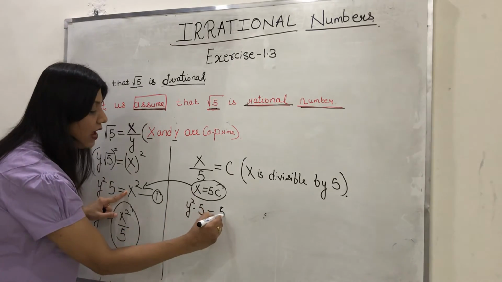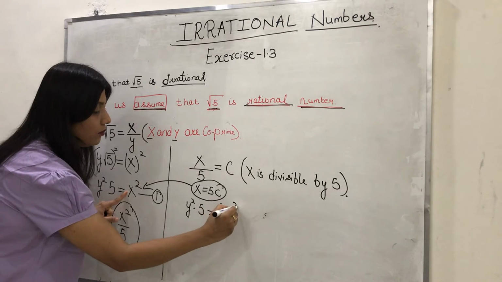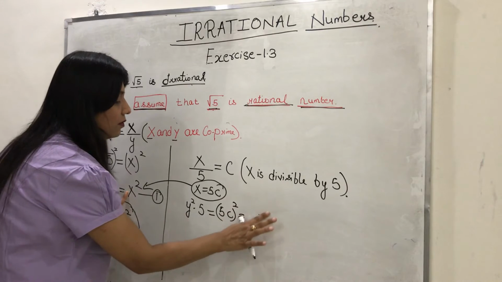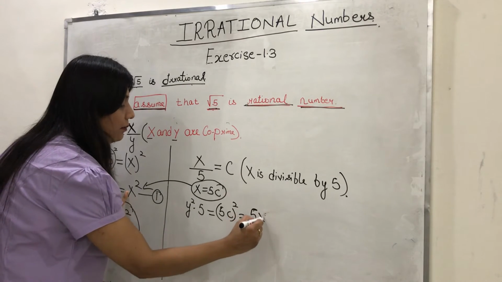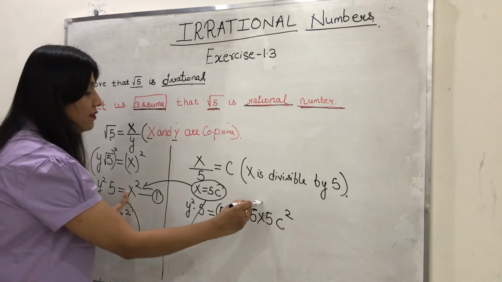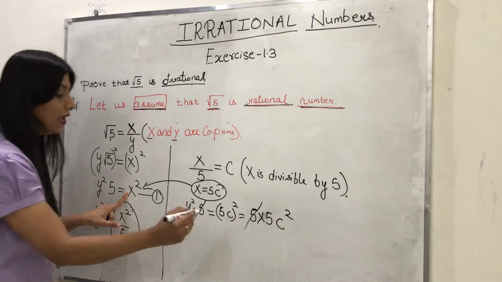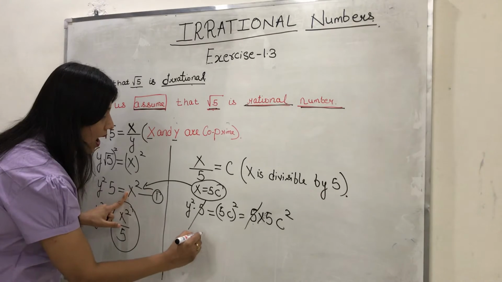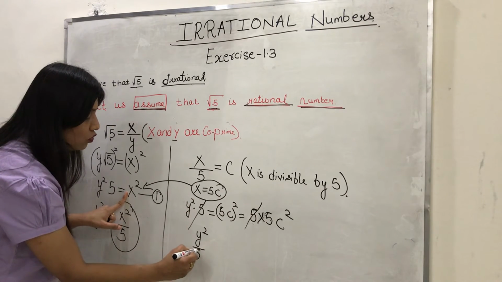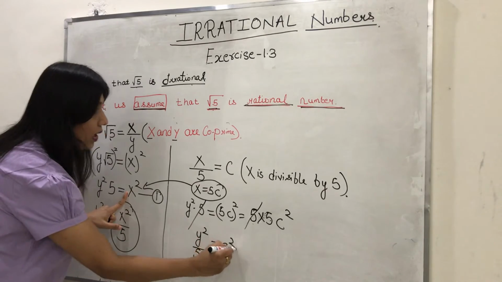The value of x is 5c, so this is 25c square, or I can write it as 5 multiplied by 5c square. One 5 will cancel out with one 5. So I can say that y square, and this 5 I will shift to the left side, so y square upon 5 is c square.